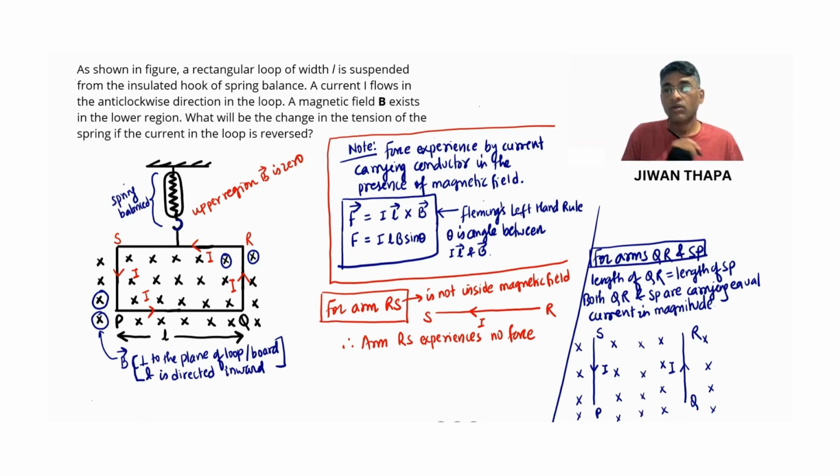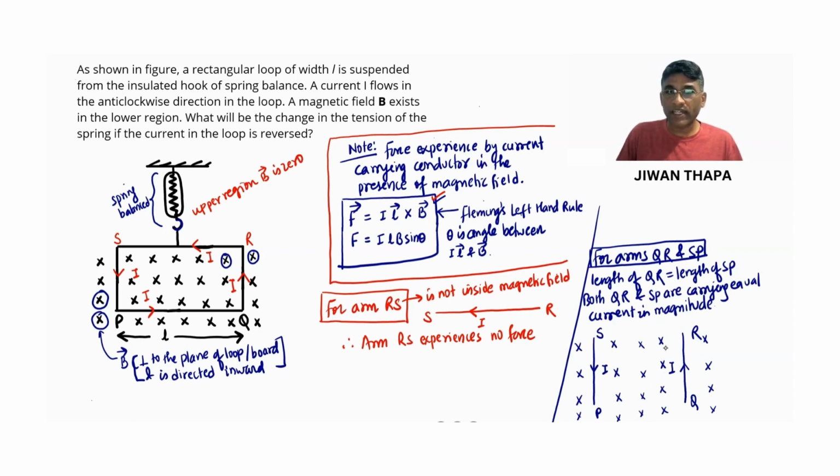Now, as I said earlier, we use this concept. Arm QR, carrying current I in upward direction in the presence of magnetic field, will experience force. In the same way, arm SP, carrying current I in downward direction in the presence of magnetic field acting in inward direction, will experience a force. To find the direction of force, we use Fleming's left hand rule.